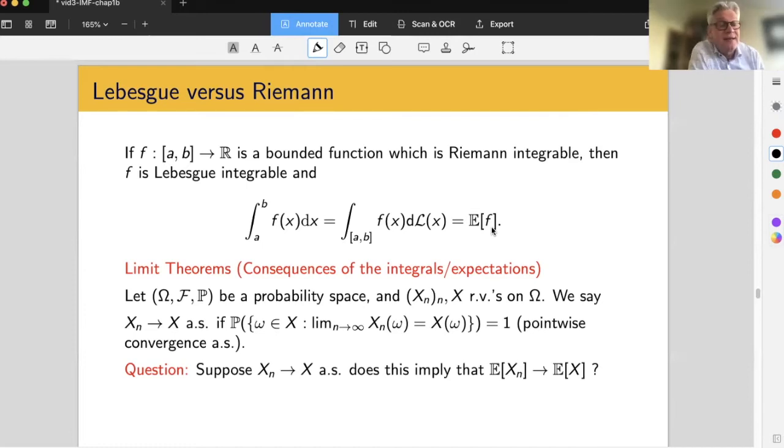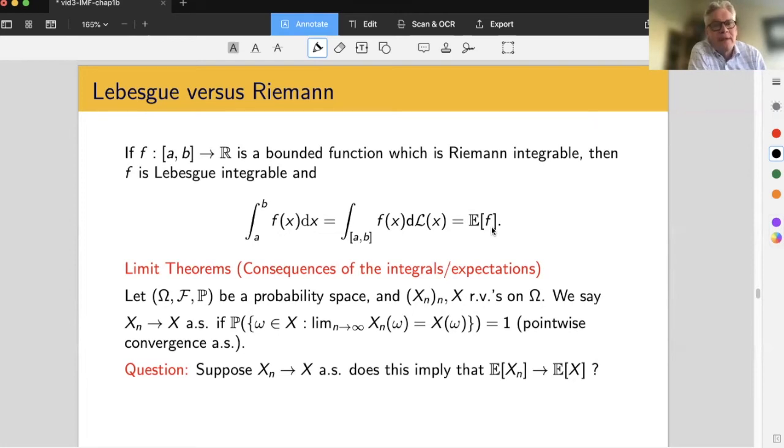Then we say that the sequence xn converges to x almost surely if the probability of the set of omega in Omega such that the limit as n goes to infinity of xn of omega is equal to x of omega is equal to 1. And this is pointwise convergence. It doesn't have to hold for all omega, but it does hold on a set of measure 1.